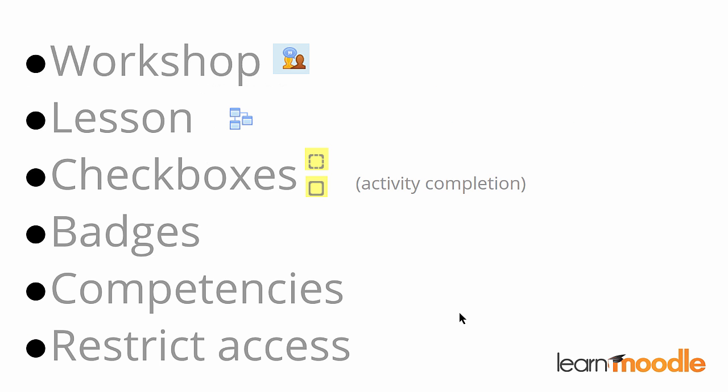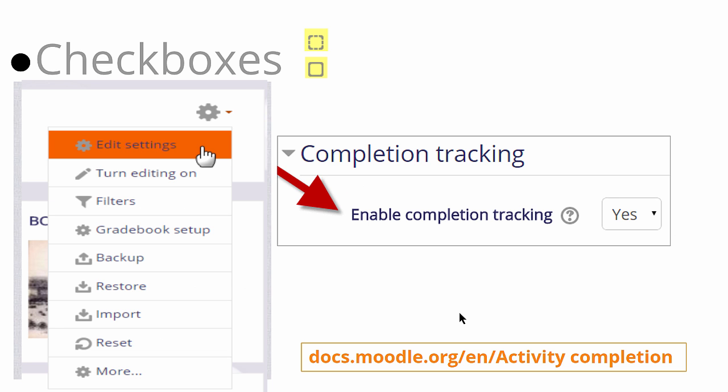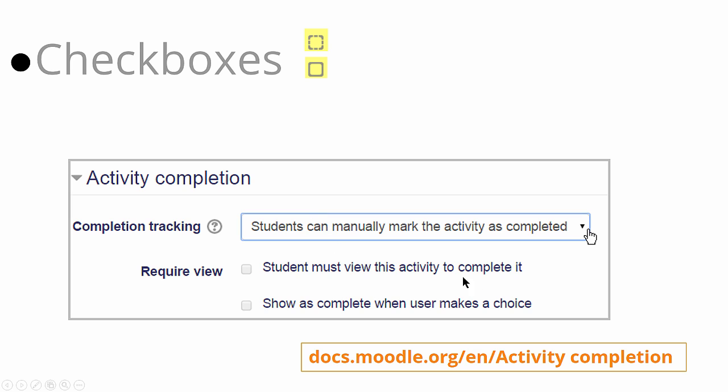Now let's look at 4 advanced settings. If you don't see these in your Moodle course, then you need to check with your administrator that they've been enabled site-wide. The first of these is the tick or check boxes that you've been seeing to track your progress in the Teaching with Moodle course. If you want to use these as a teacher in your own course, go to the Gear menu, click Edit Settings and then Enable Completion Tracking.